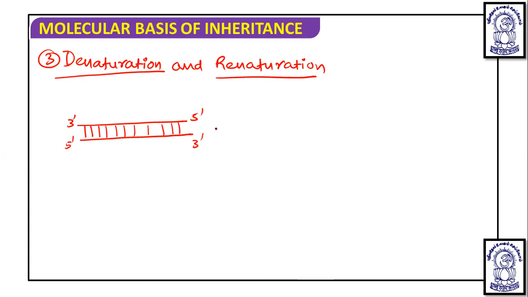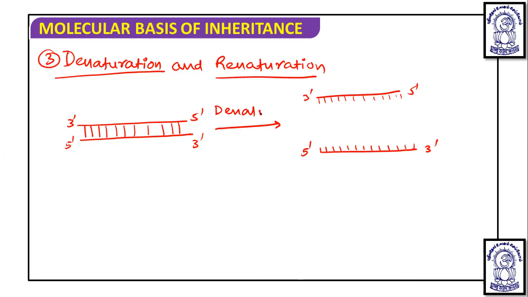Now, if the breakdown of hydrogen bonds occurs and these two strands get separated, then it is known as denaturation. So what is denaturation?